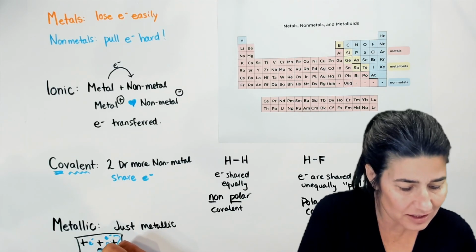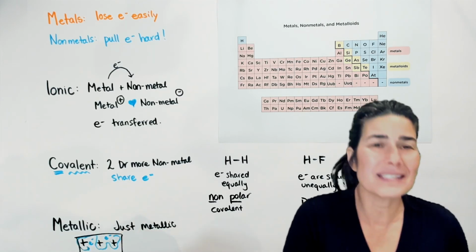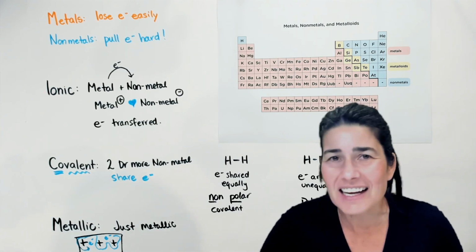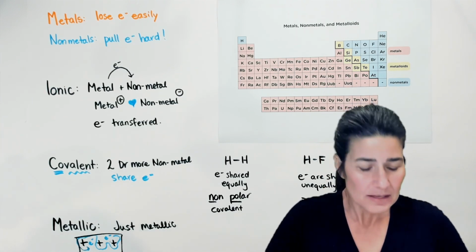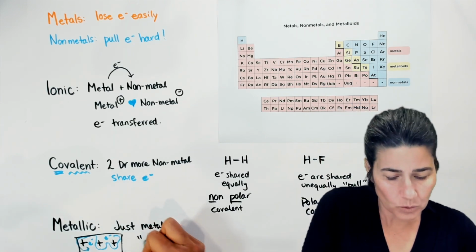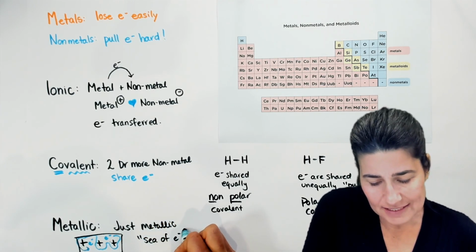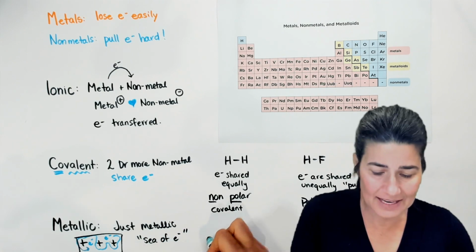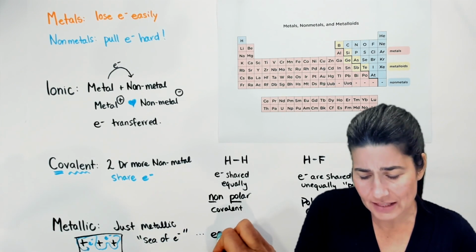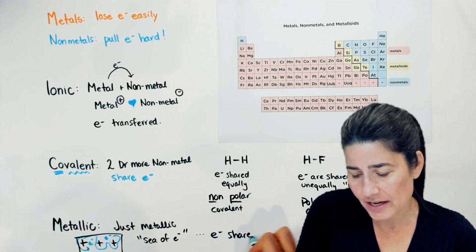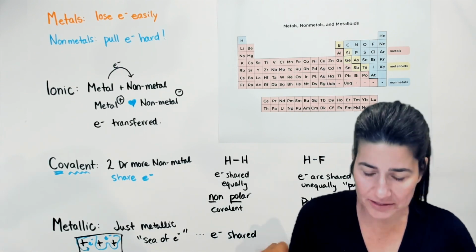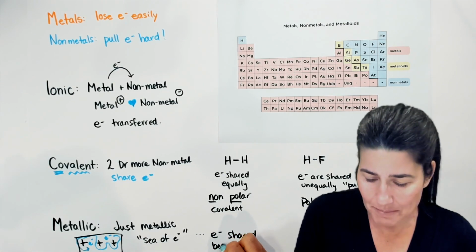The electrons just get to roam and they're not stuck on any one atom. So just metals, we're going to call that a sea of electrons type of combination. And again, in this case, the electrons happen to be shared, but this time those electrons are shared between metal atoms.